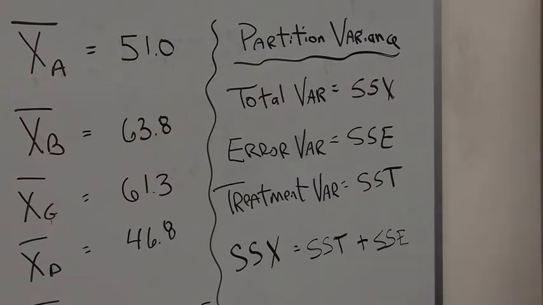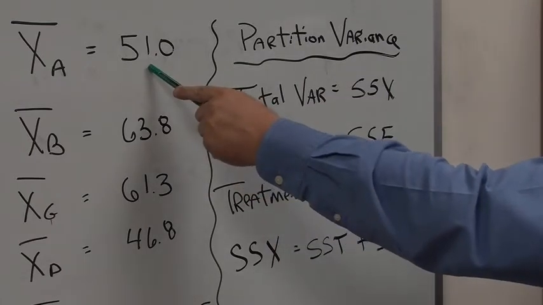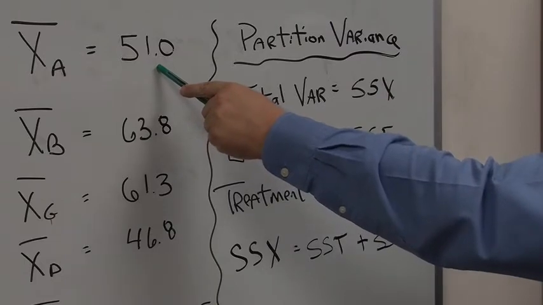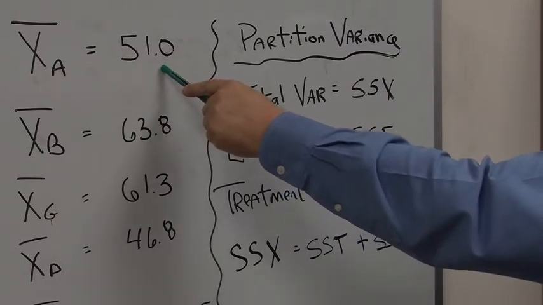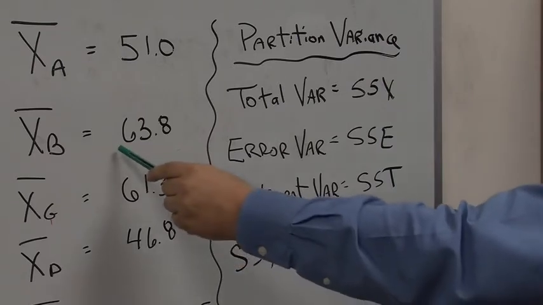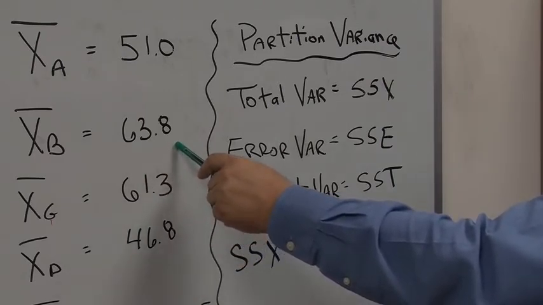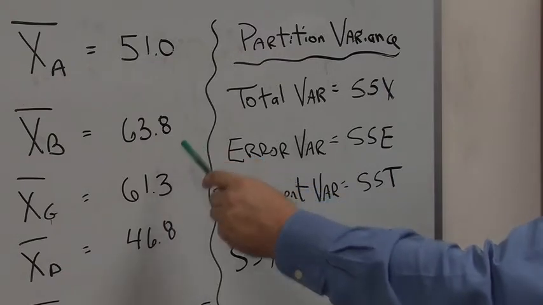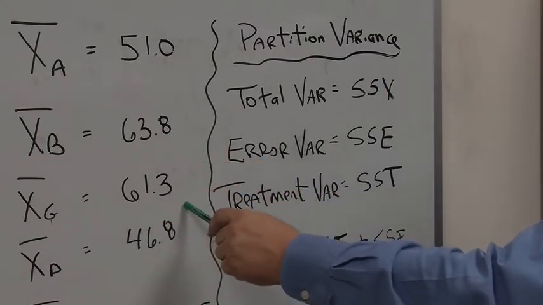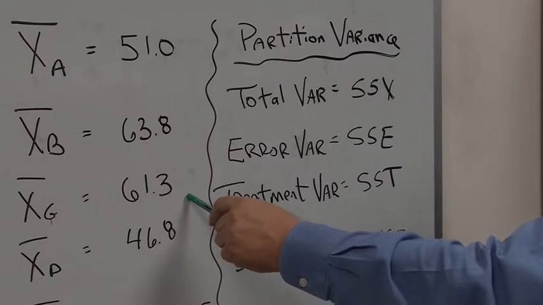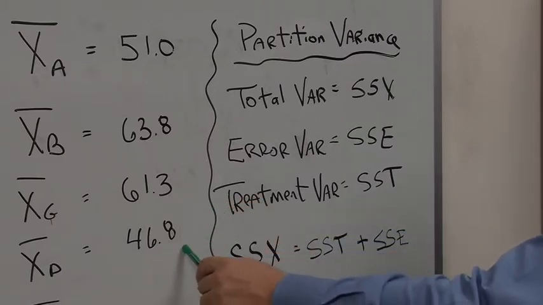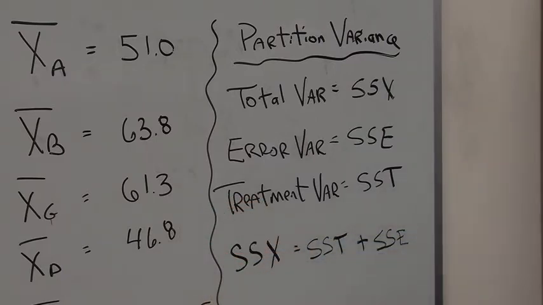As I'll show you in an exercise in Excel, if there was no variance in each of the groups, in other words, if all of the cars that had alpha tires got exactly 51,000 miles tire life, if all the cars that had beta tires got exactly 63,800 miles, if all of the cars with gamma tires got 61,300 miles, and if all of the cars with delta tires got 46,800 miles.